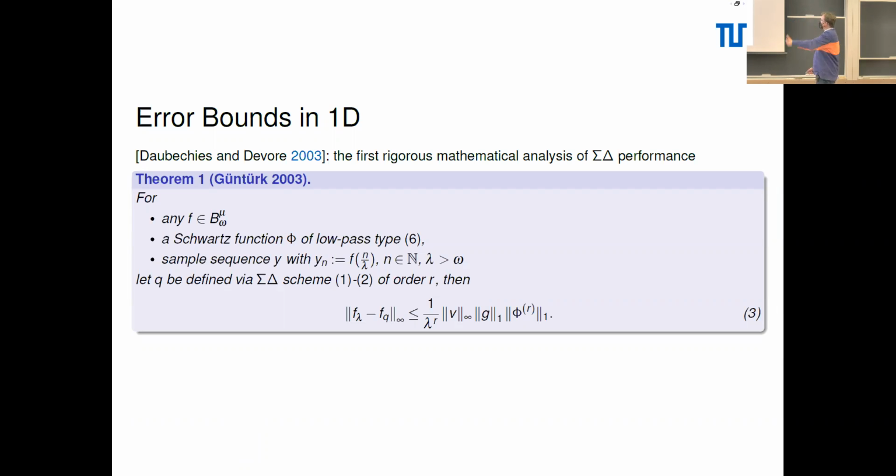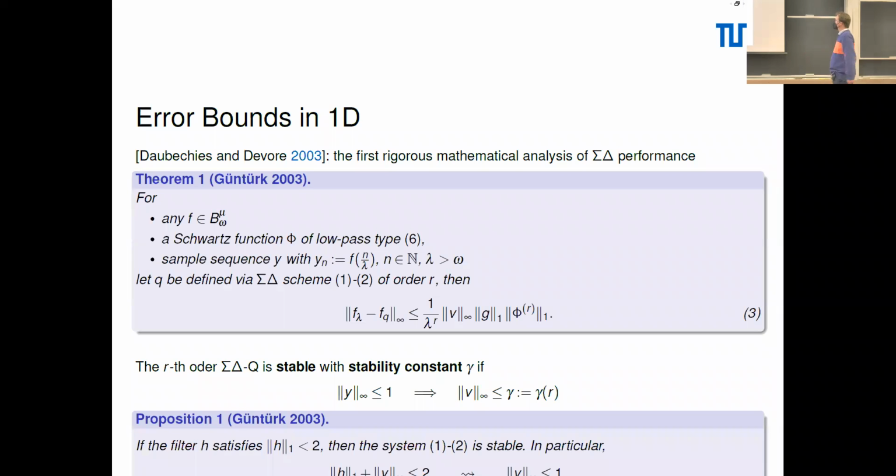It's not so important to understand this error bound exactly right now, just to see that if we have this representation and you're carefully designing the schemes in the way that we have seen on the previous slides, you can actually achieve competitive error bounds. What you need for that is something that will be important later on, a concept called stability.